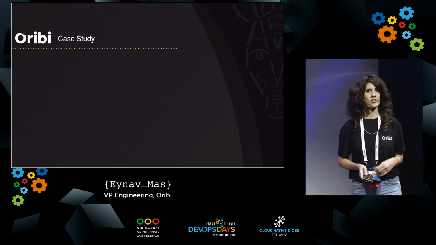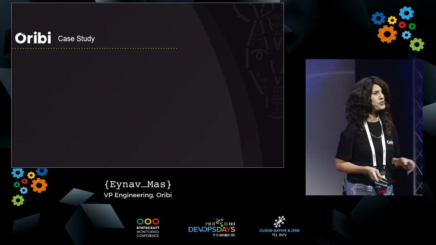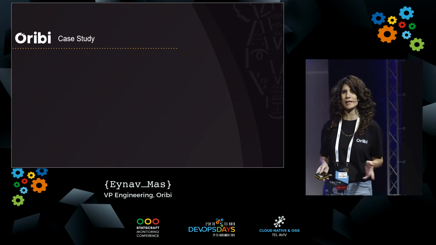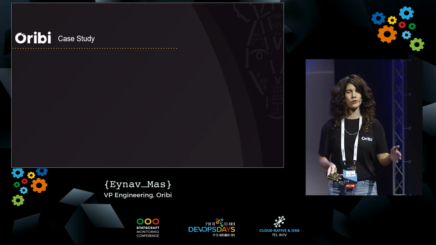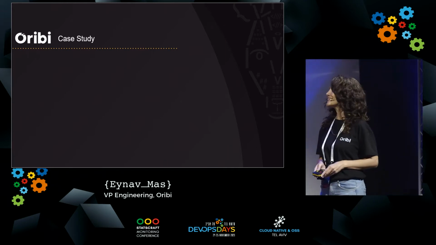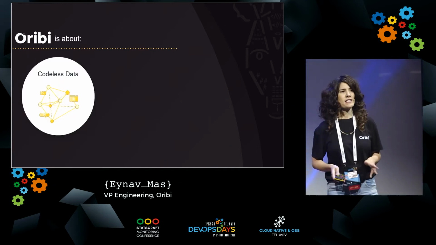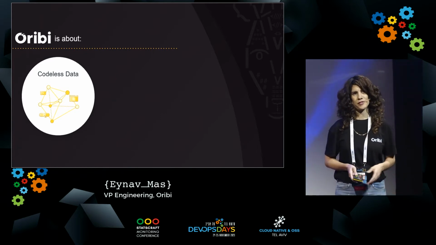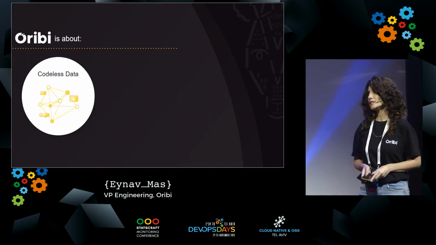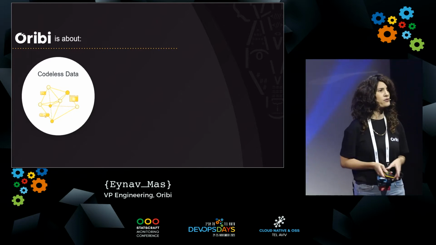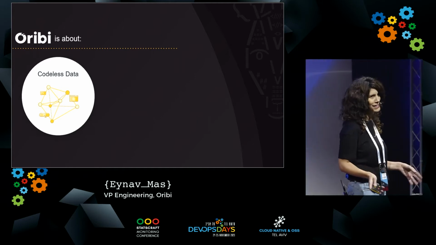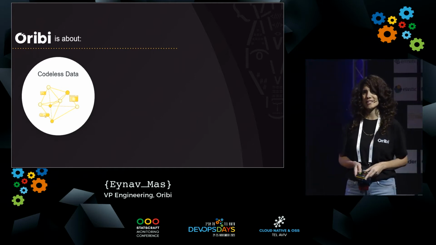So Oribi, just in few words, so you will have the context of what we're doing there and why we have so many data solutions and data practices. Oribi is a startup based in Tel Aviv, 5 years old now, and we are collecting data from our customers' websites, tons of data with high scale.